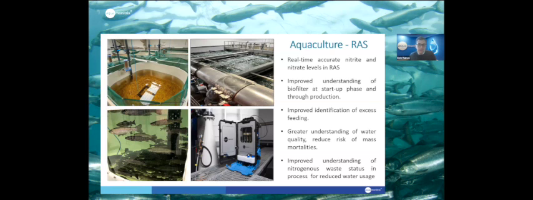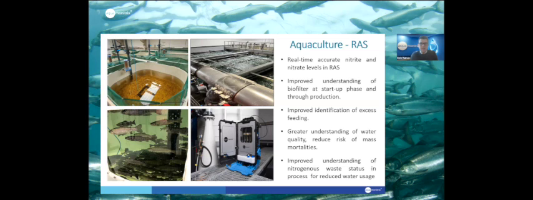There's a greater understanding of water quality in general, which reduces the risk of mass mortalities. And in terms of reducing your water usage within RAS, it provides an improved understanding of the nitrogen waste status in the process, which informs the potential for reduction of water usage.